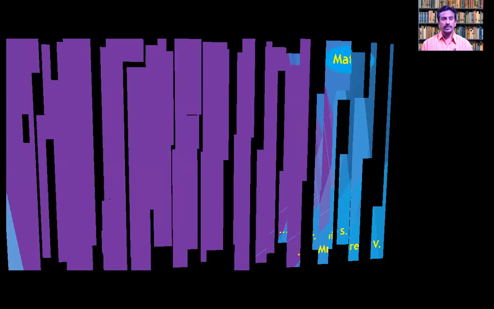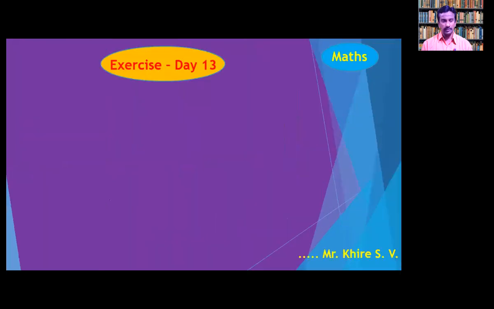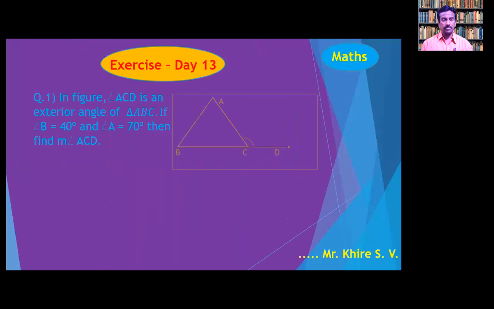Now there is an exercise for you for day 30. Exercise or homework for day 30 is a figure. Question number 1: in the figure, angle ACD is an exterior angle of triangle ABC.